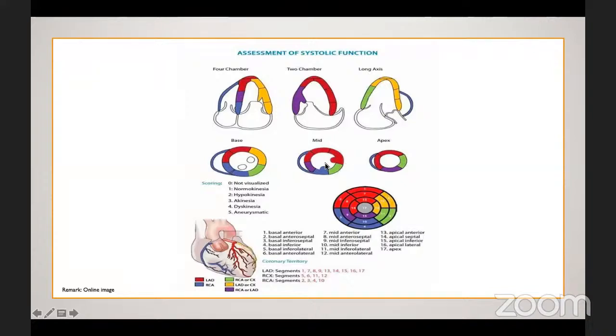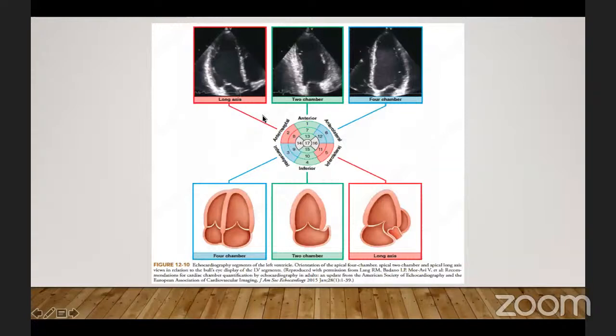If you go a little bit toward the apical part, it will give you 4 segments rather than 6 segments, with the inferior, anterior, septal, and lateral segment. So this is a total of 16 segments, I'm sorry, with this one, and then we'll give you the apical cap, the 17th segment. There is another view just to show the same thing.